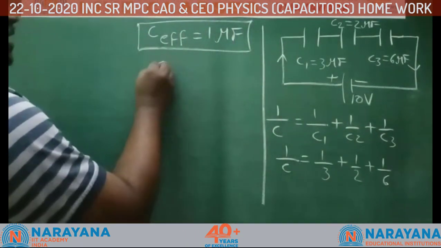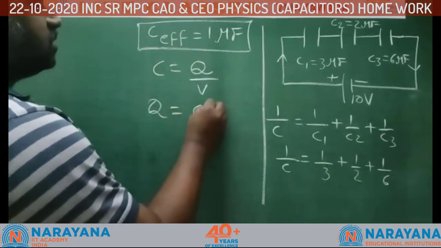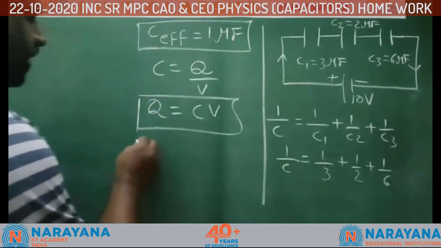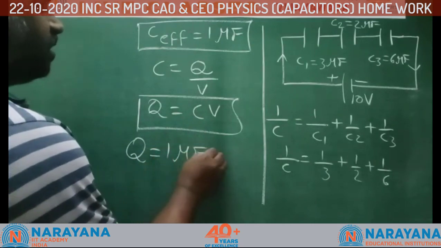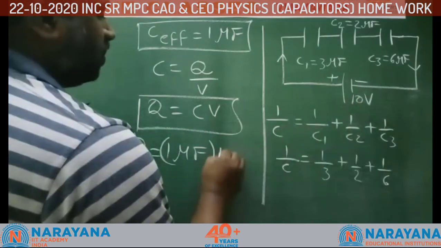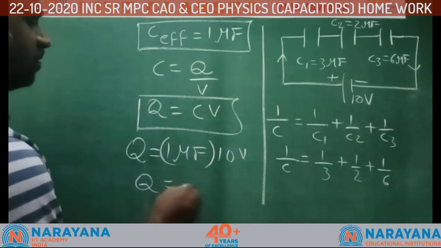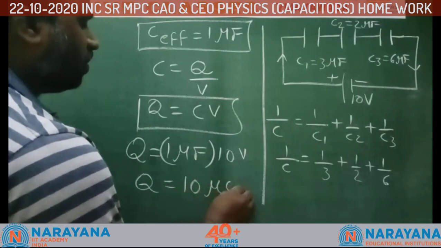Now I want to determine the charge present upon the second capacitor. We know that C is equal to Q by V, so Q is equal to CV. We got the effective capacitance as 1 microfarad. So Q is equal to 1 microfarad multiplied by 10 volts, that is Q is equal to 10 microcoulomb.